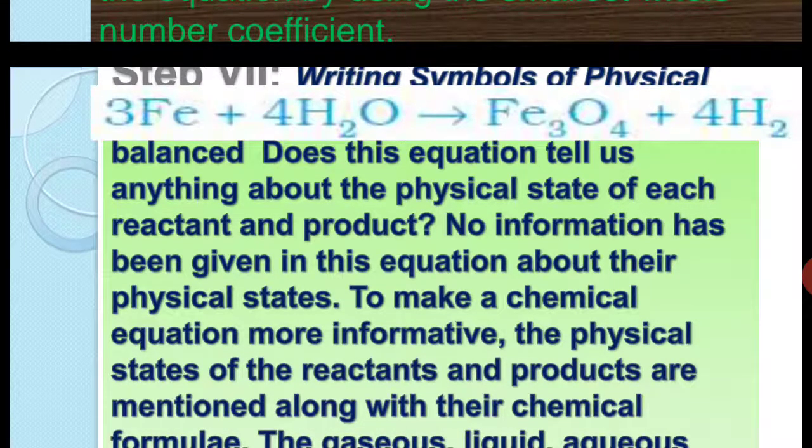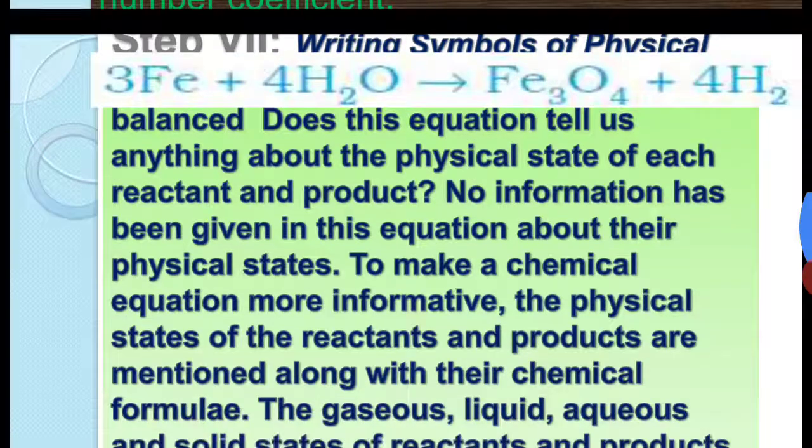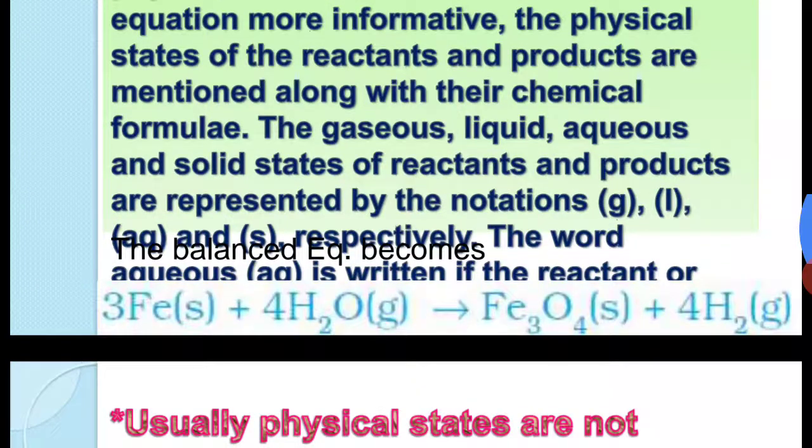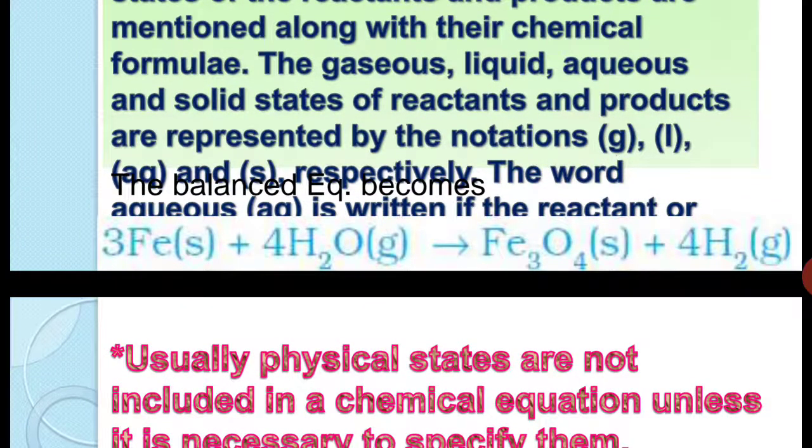Now, the last step is to write the physical states of the compounds. Here, iron is a solid, so we write s in a bracket. H2O is a liquid, so we write small l in a bracket. Fe3O4 is a solid, so we write s in a small bracket. H2 is a gas, so we write small g in a small bracket.